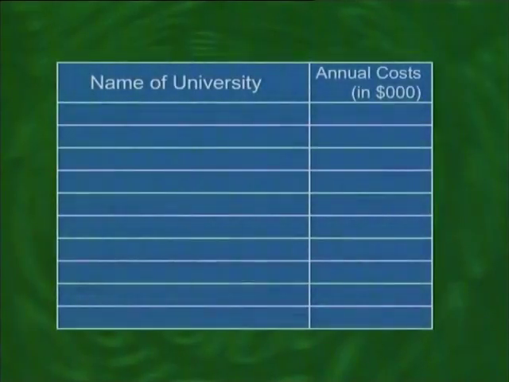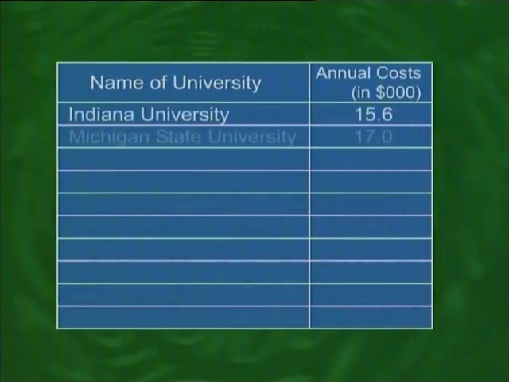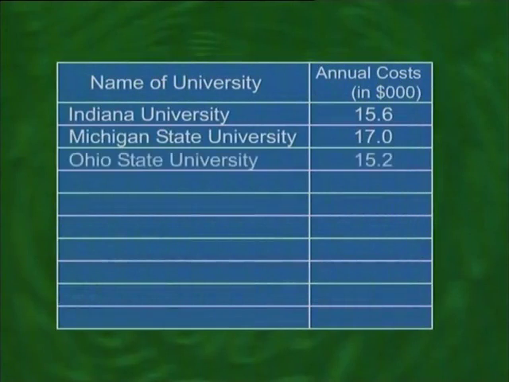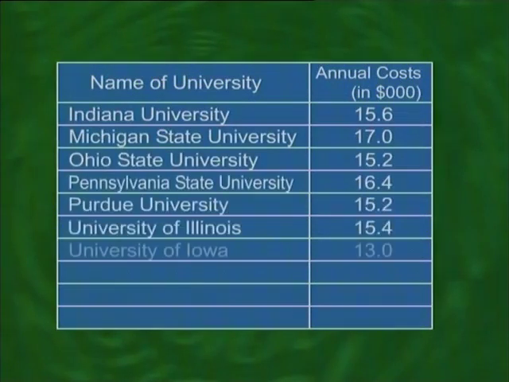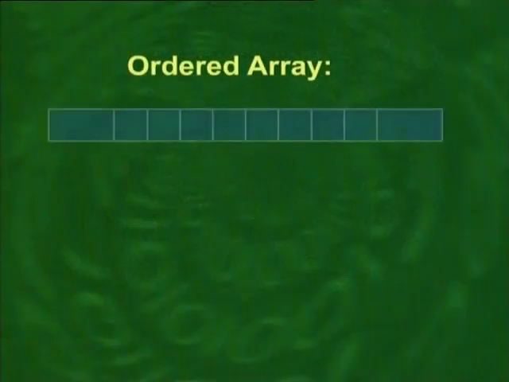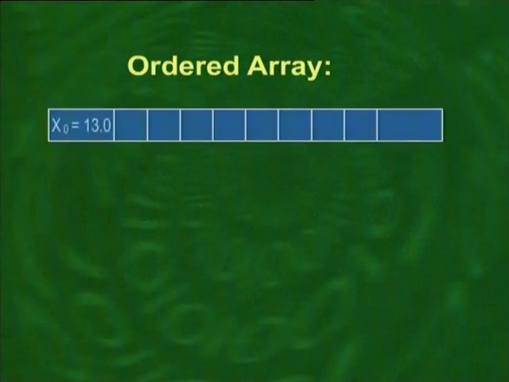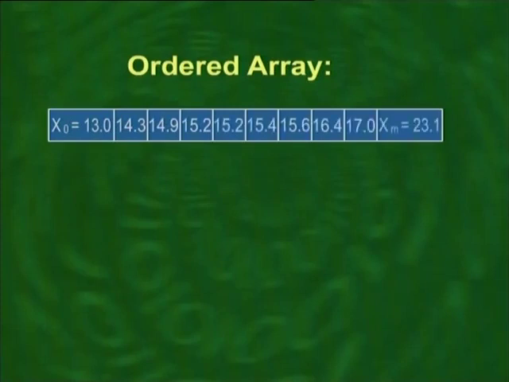For the Indiana University, $15.6 thousand, and for the Michigan State, $17.0 thousand, and so on. जैसा कि मैंने पिछली मर्तबा कहा था, अगर इस डेटा से हम 5-number summary develop करना चाहें, तो the first step would be to arrange the data in ascending order, and as you now see on the screen, the ordered array for this particular data set is 13.0, 14.3, 14.9, and so on, and the last value is $23.1 thousand.